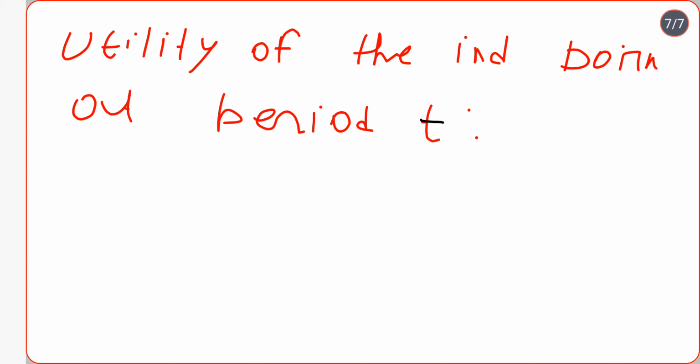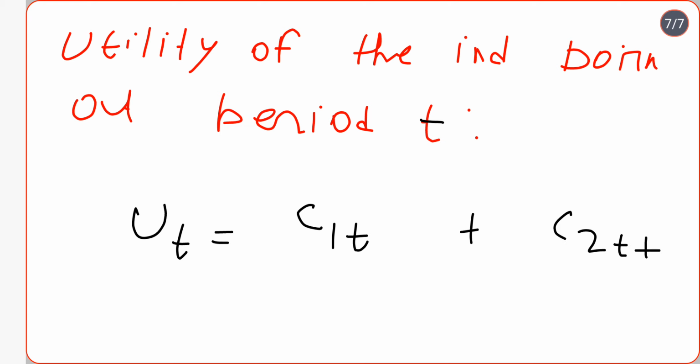By that we can write out the utility function. So utility will be consumption in the first period, plus consumption in the second period, the future period, and the future period has to be discounted because we don't know the amount of consumption in the future period. We are discounting it by 1 plus rho, where rho is the subjective discount rate.